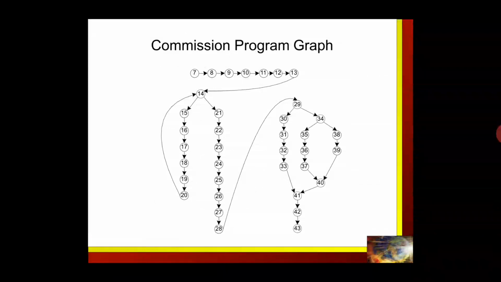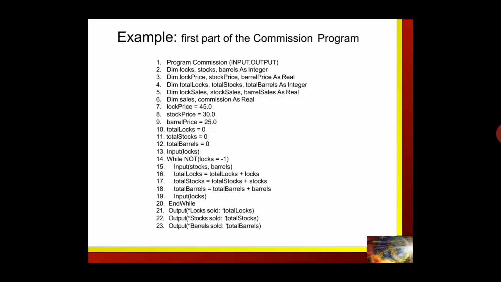Why does it start from 7? Check here, it actually starts from 7. The first line, program commission input output, is some kind of declaration.